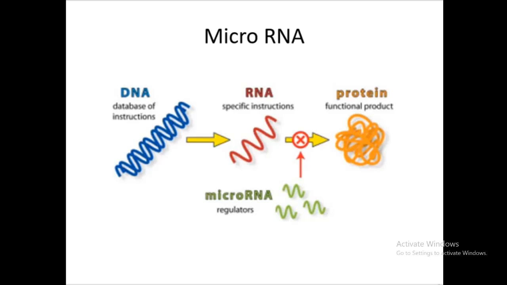MicroRNAs are very short sequences of nucleotides that have the ability to inhibit the translation of RNA. So microRNAs enable the cell to very quickly respond to and downregulate the expression of a given protein target.